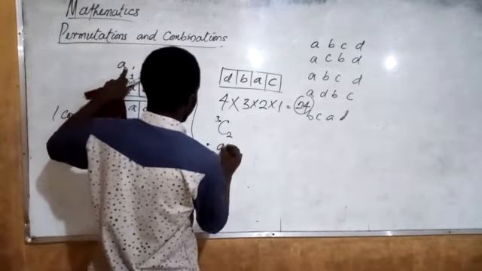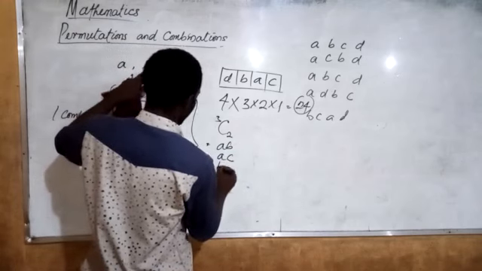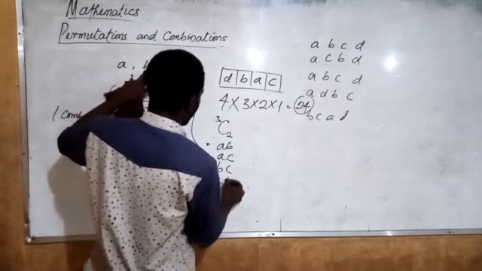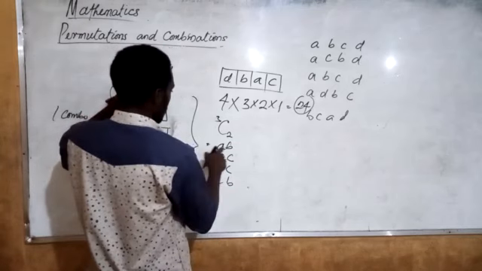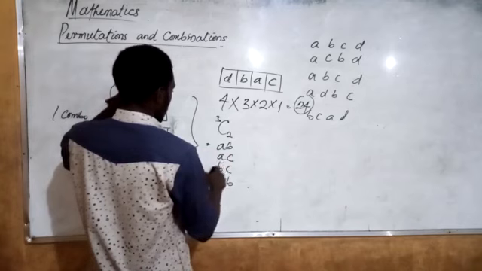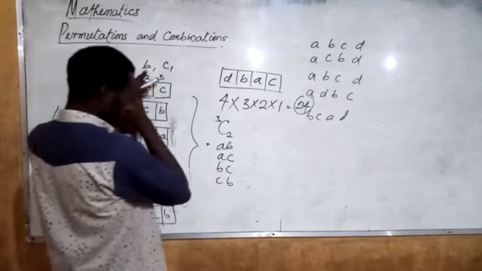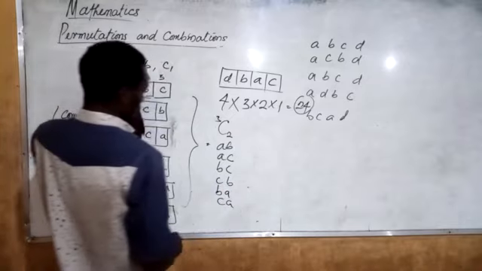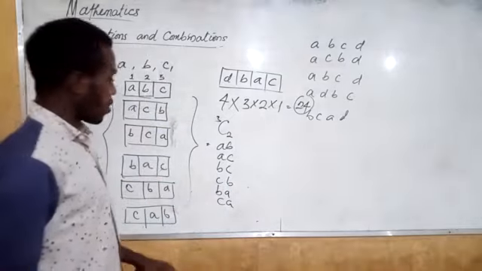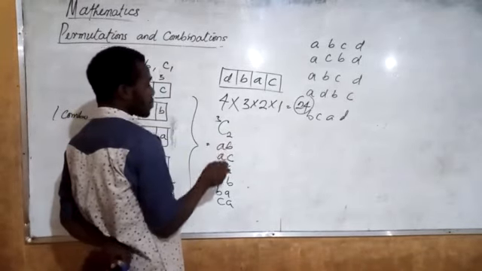Either I combine AB, AC, BC, CB, BA, and CA. Any of these, alright? But as far as we are concerned, these are how many permutations?